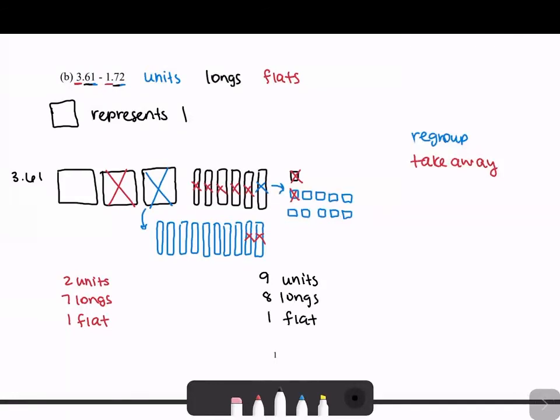So that tells us that 3.61, 3 and 61 hundredths, when we take away 1.72, which is 1 and 72 hundredths, we get 1 flat, 8 longs, 9 units. So 1 and 89 hundredths, 1.89.